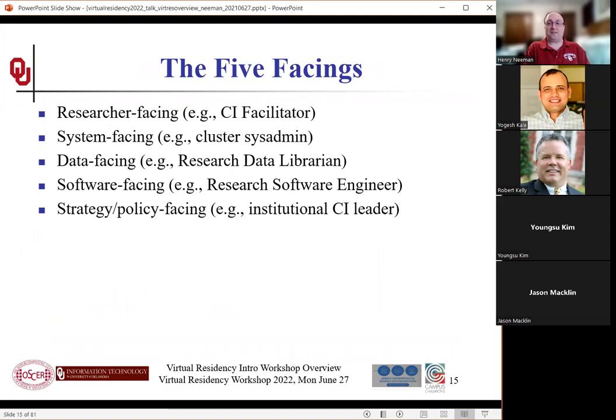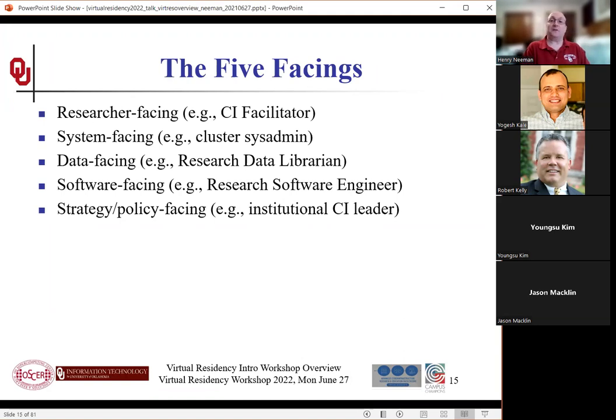The 5 facings, and here we're using facing as a verb, not as a noun. So a researcher-facing person is a person whose role is to work with researchers, a facilitator, for example. System facing, their role is to work with machines, so typically a sysadmin, a network engineer, someone like that.